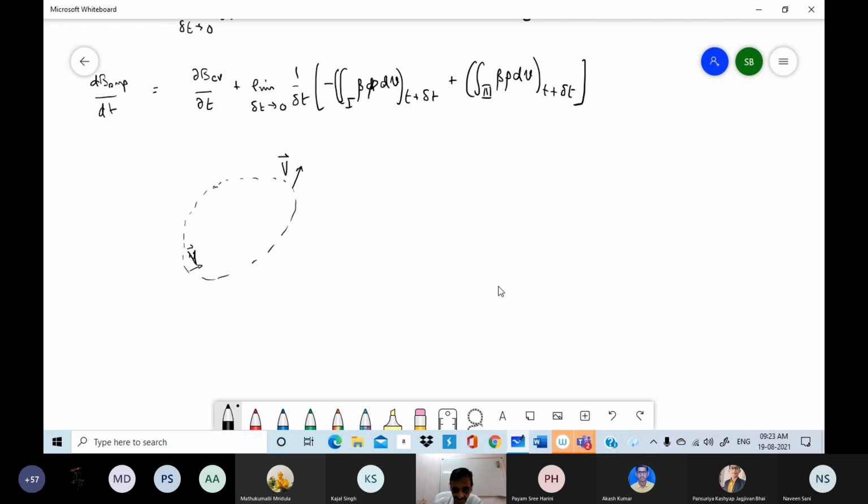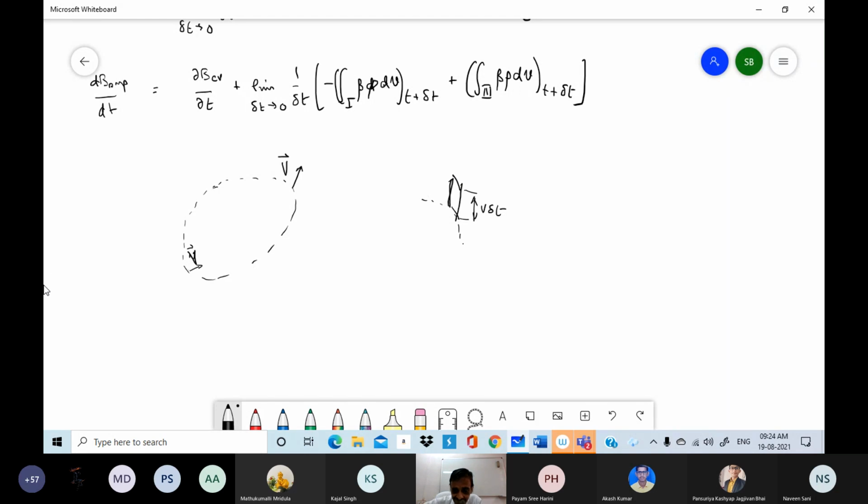So then, if I see the outflow region, then in time delta t, the boundary would have moved through a distance which is v into delta t.